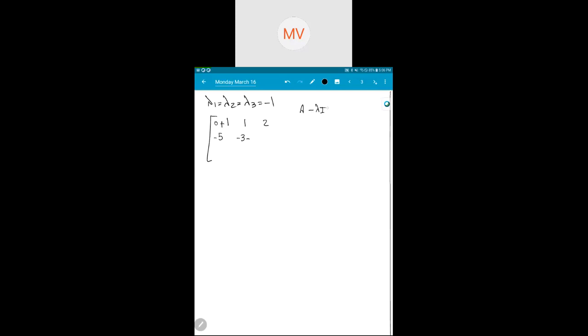It's A minus lambda times V equals 0. So when you subtract minus from the main diagonal, it becomes +1. So it's -3 plus 1, -7, and then this one is 1, 0, and this one was 0, so it's -1, which is +1 itself.